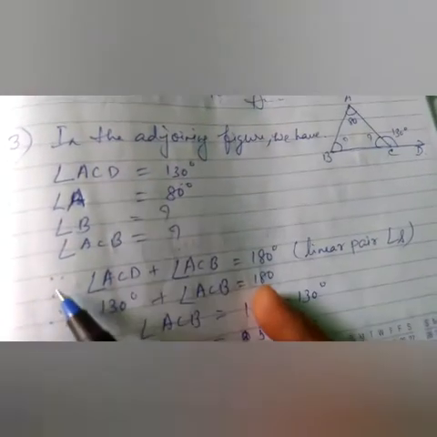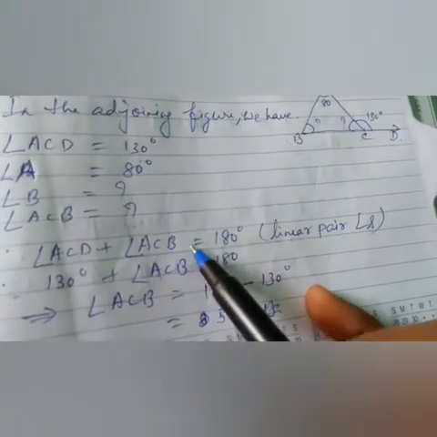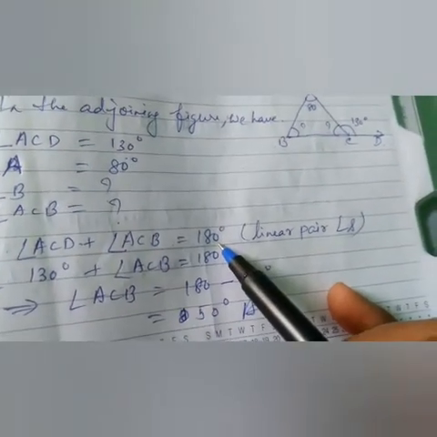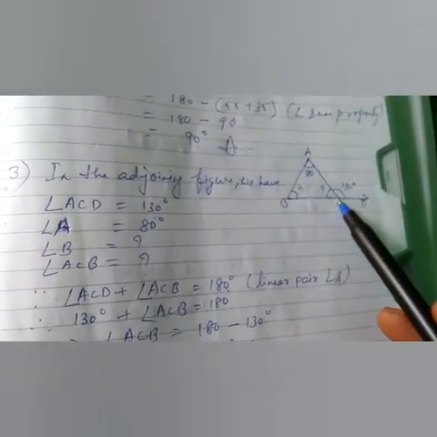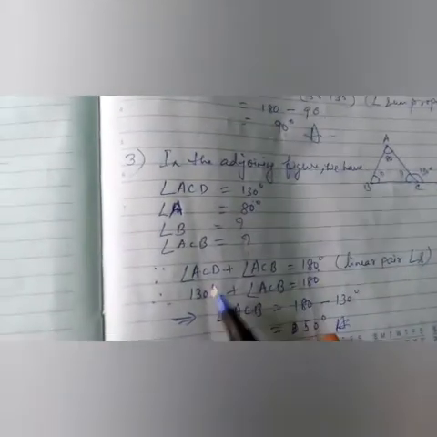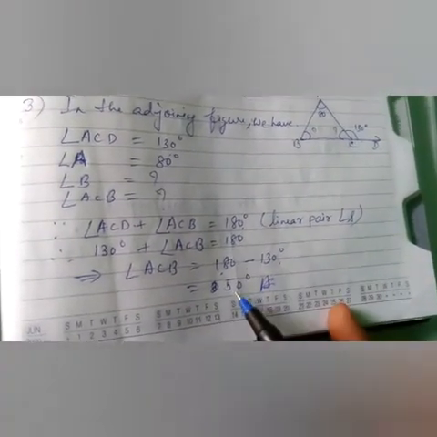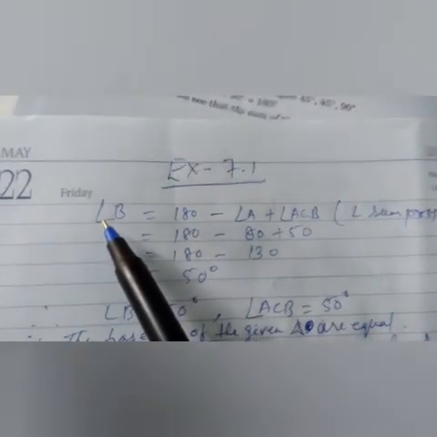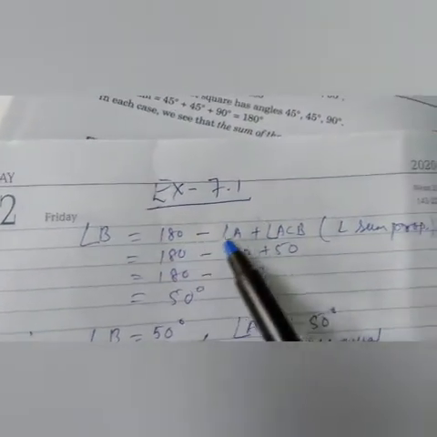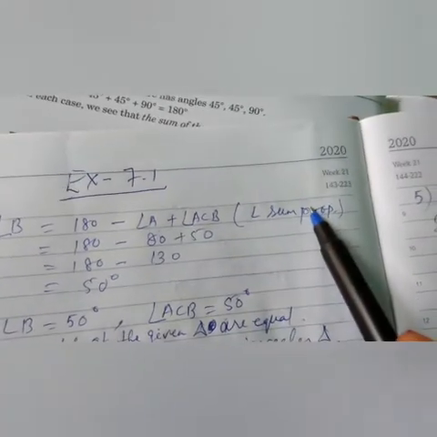Since angle ACD plus angle ACB is equal to 180 degrees, as they form a linear pair, we can get angle ACB is equal to 180 minus 130, which is 50 degrees. Now the second part of the answer: angle B is equal to 180 minus (angle A plus angle ACB), by the angle sum property.